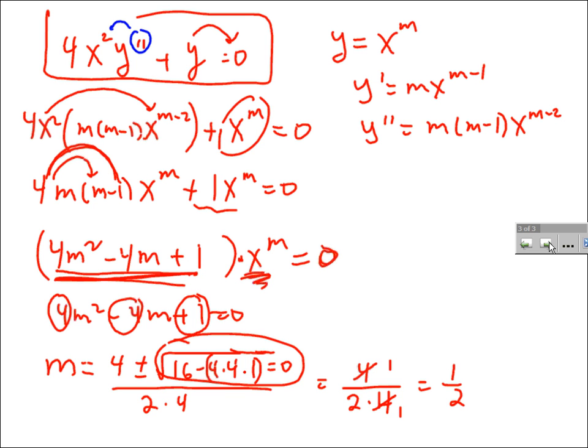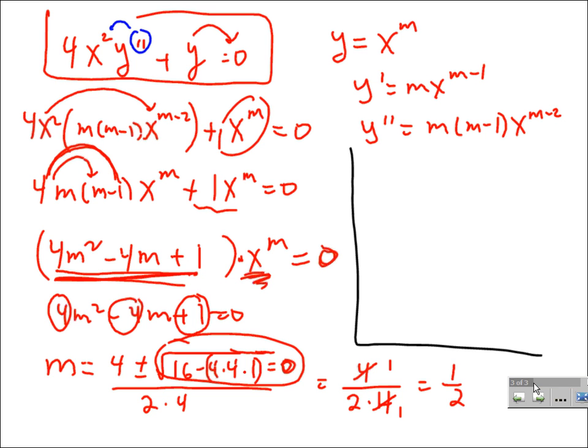Now, when you get a repeated root, that is, when the discriminant is equal to 0, you end up with a particular form. And that's what you as a student are going to have to remember.